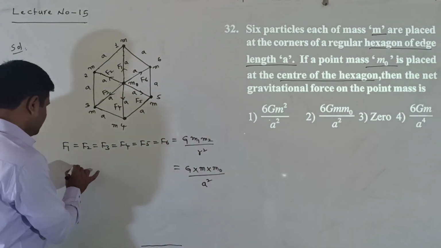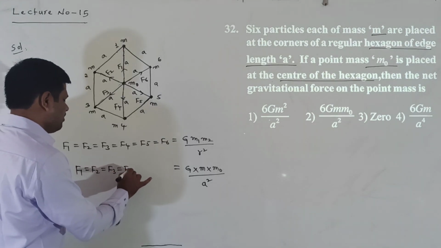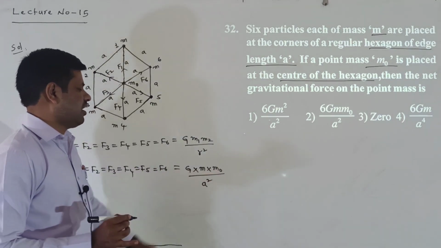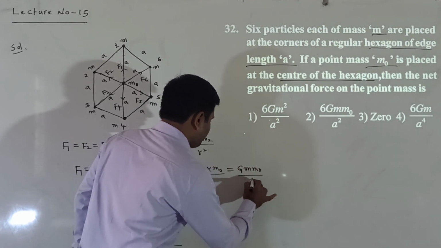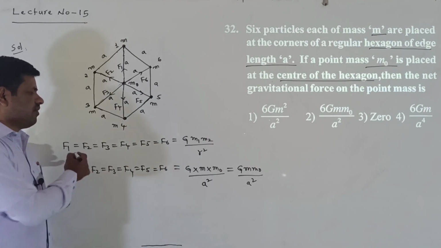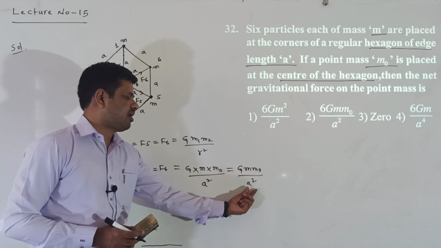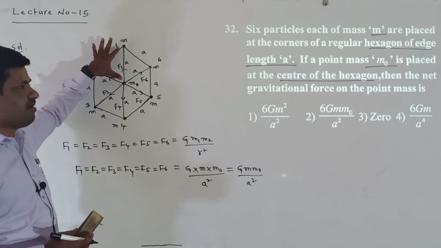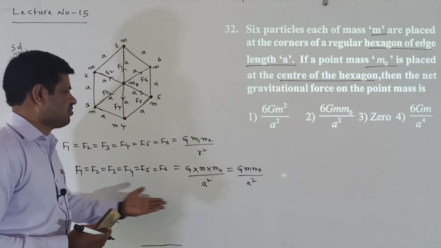So F1 equal to F2, for any two masses you can consider, is G m m naught by a square. All forces are equal, F1 equal to F2 equal to F3 equal to F4, F5, F6, because the distance between any two masses is the same and the masses are also the same, one is m and another is m naught.